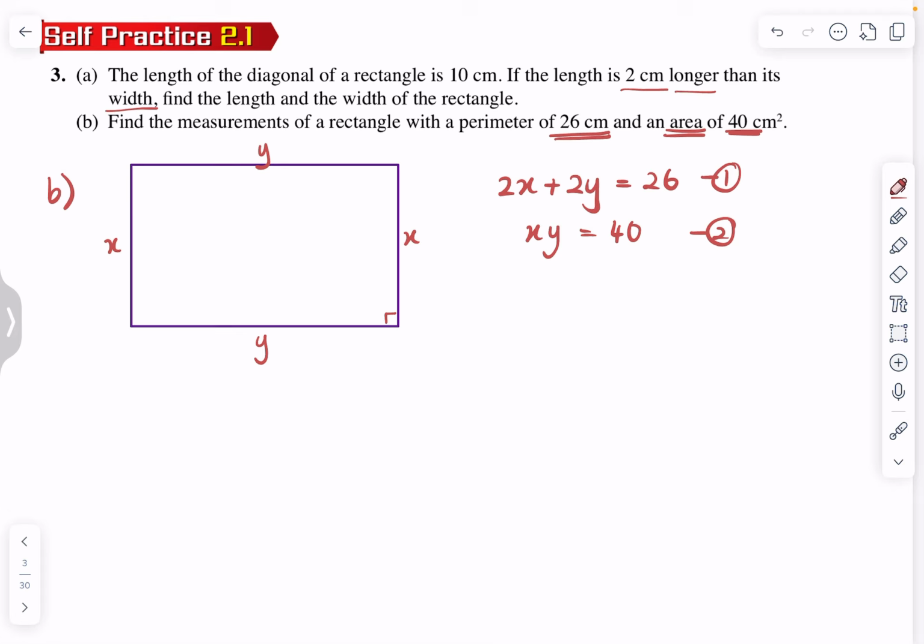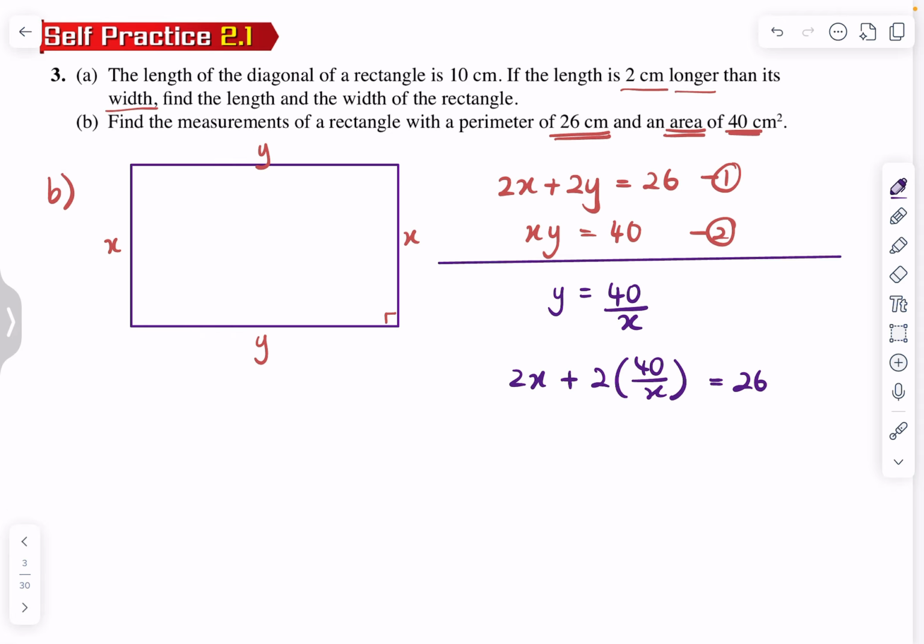Okay, what we can do is, using our second equation, use purple. Okay, using our second equation, we can make y the subject. So y is 40 over x. Then we can put this into this y. So 2x plus 2 times 40 over x equals to 26.